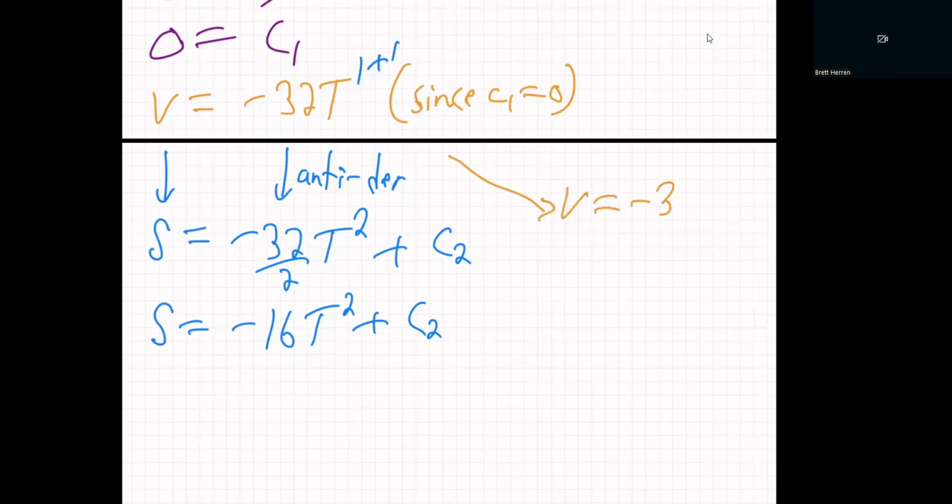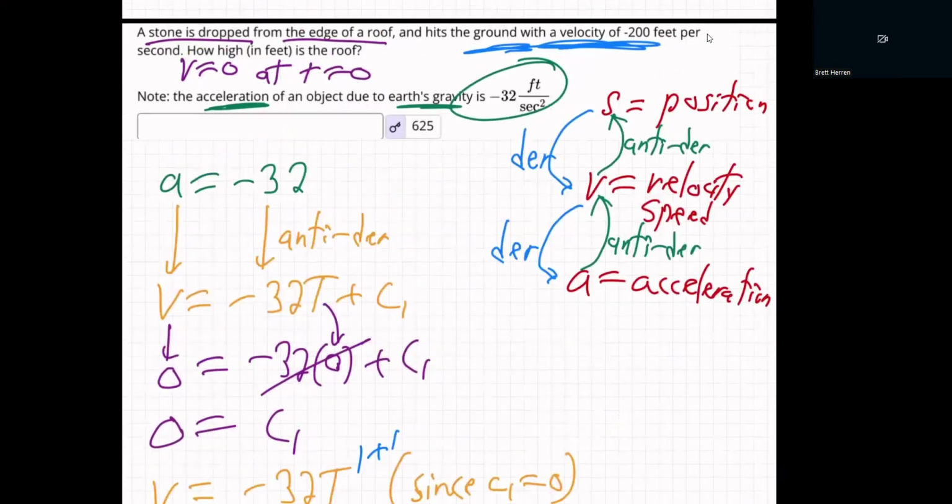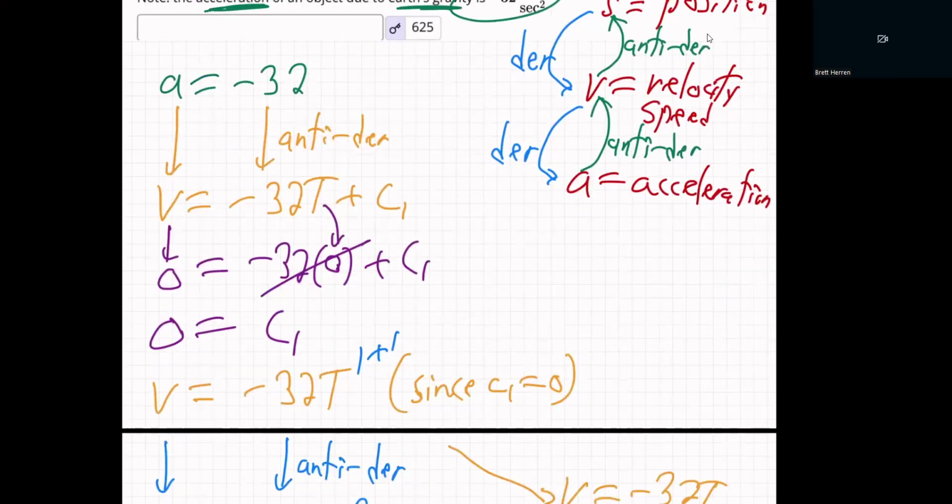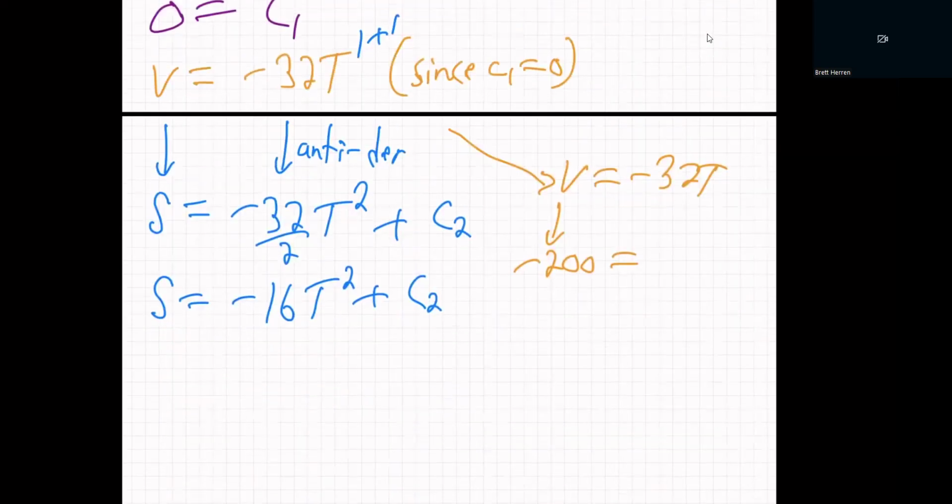Velocity is minus 32t, and the velocity is negative 200 when it hits the ground. So I can plug in negative 200 and solve for the time when it hits the ground. Divide by minus 32.